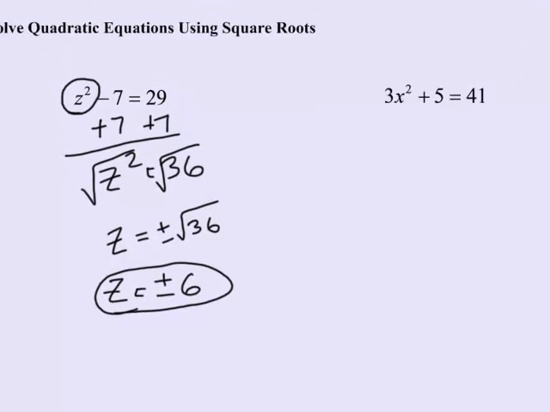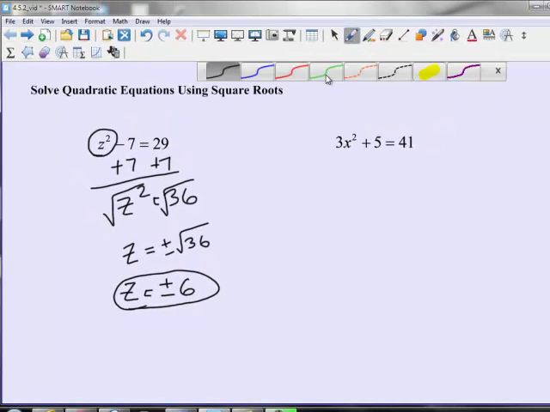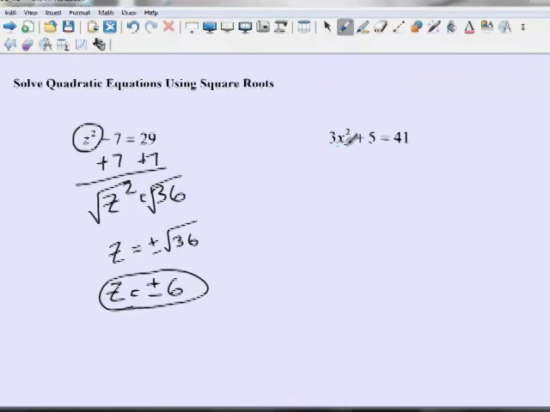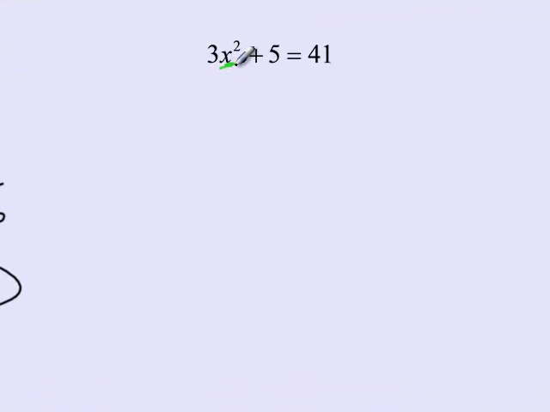Over here we have another one, with a little bit more detail in getting the x squared term by itself. There's the x squared term, and I need to get rid of the 5 and I need to get rid of the 3. So I'm going to subtract 5 from both sides. Subtract 5 from the left, subtract 5 from the right, and I get 3x squared equals 36.